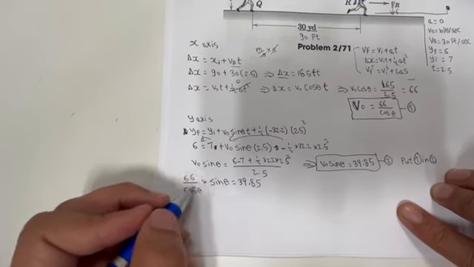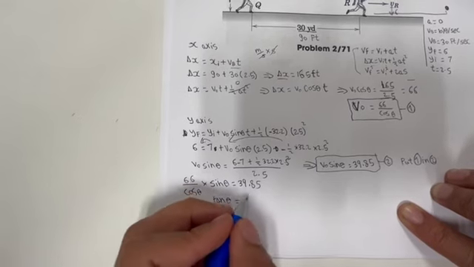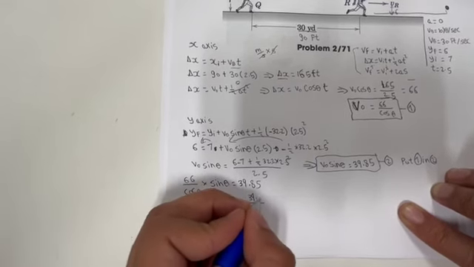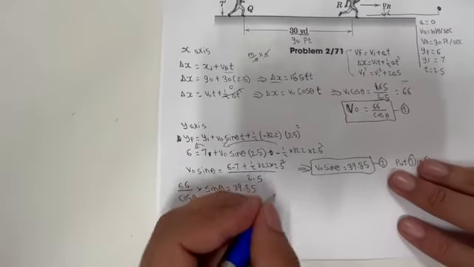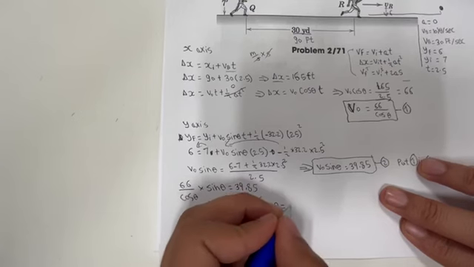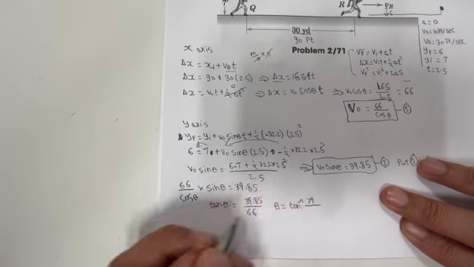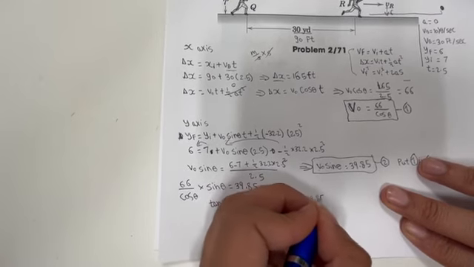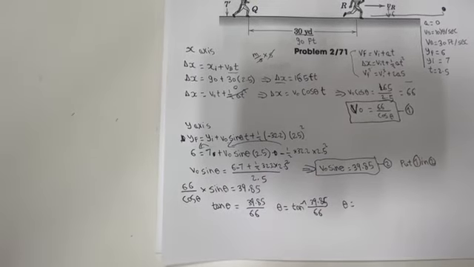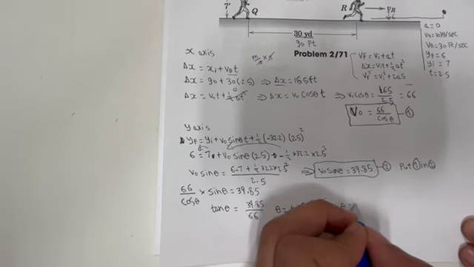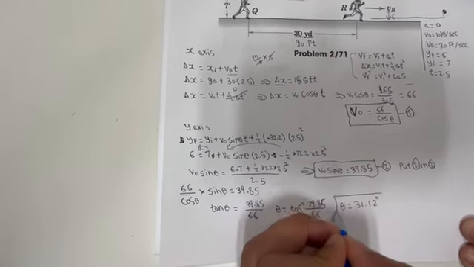Sine over cosine is tangent, so tan theta equals 39.85 over 66. Now we can get the required theta. Theta equals tan inverse of 39.85 over 66. So theta equals 31.12 degrees. That is the first answer.